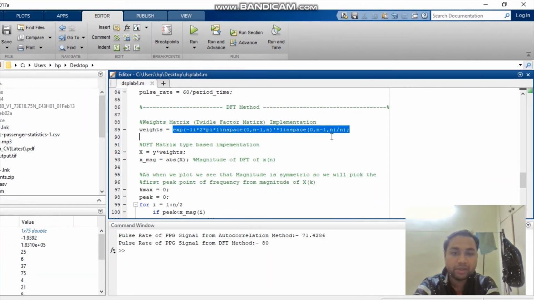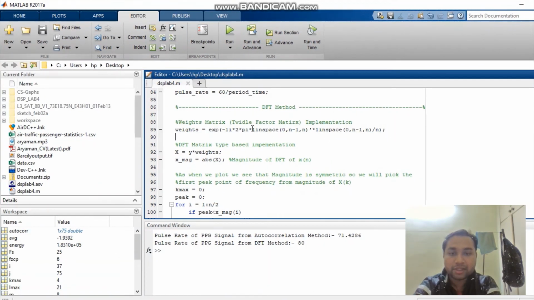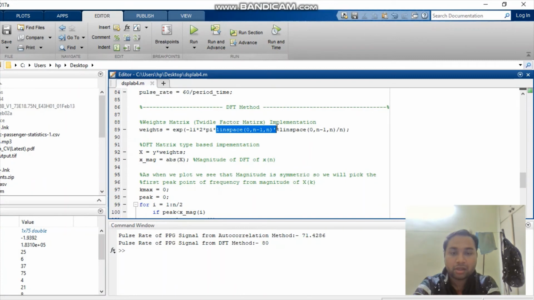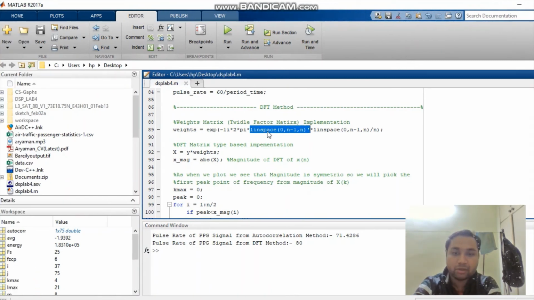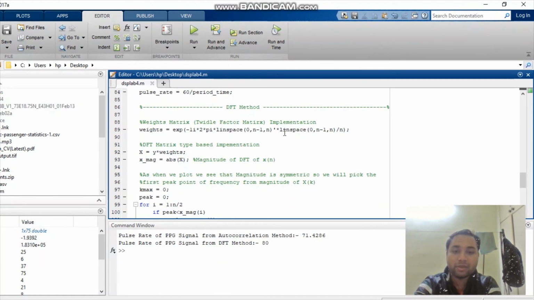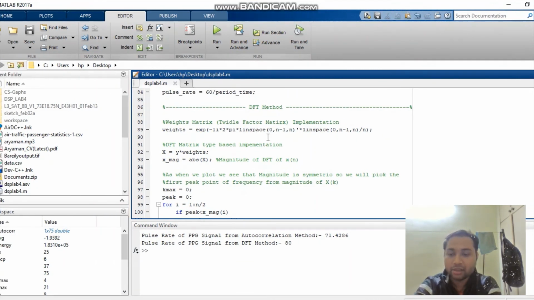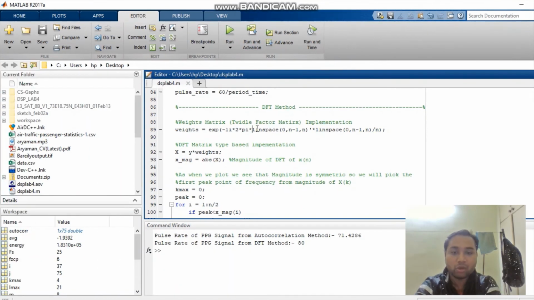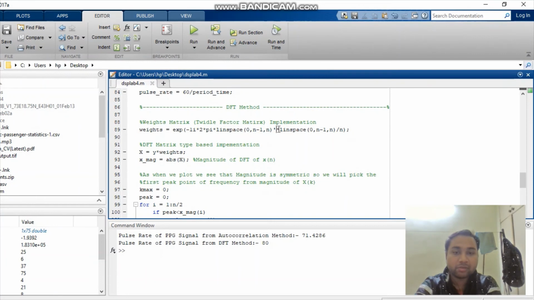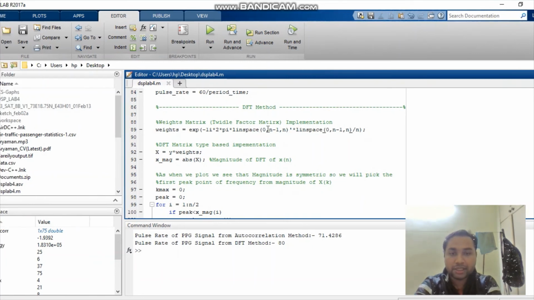As we discussed here, linspace gives us the discrete steps, that is 0 to n minus 1, in our case small n and small k. This can be small n and this can be small k, as you want.